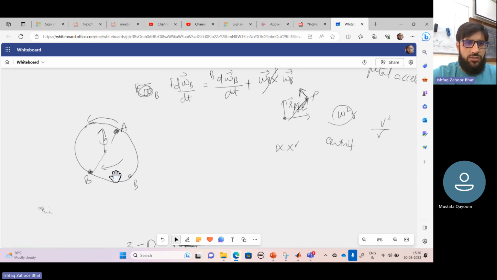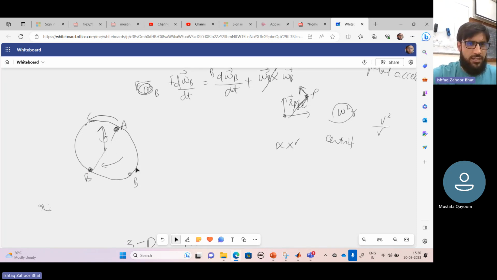Due to the rotation, if I throw the ball straight, a person outside this frame will see the ball going on a straight line. But B will have moved to this position. So B will see as if the ball is going sideways, in this lateral direction.